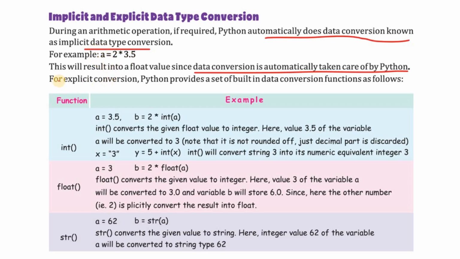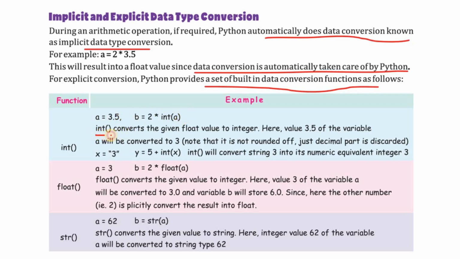Okay. Now for explicit conversion, Python provides a set of built-in data conversion functions. Let's see. Say a is equal to 3.5 and b is equal to 2 into int(a). So here what I am doing is I am converting this 3.5 first into an integer.